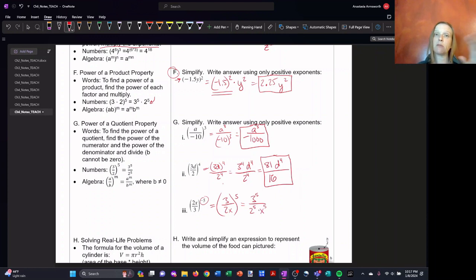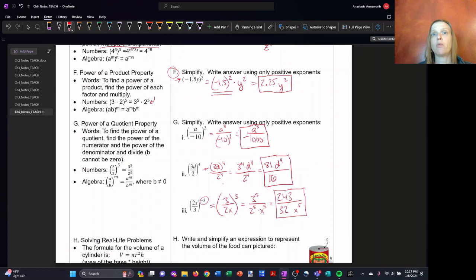Each of those components of the multiplication or division problem has that exponent of 5 attached to it. So 3 to the 5th power is 243, 2 to the 5th power is 32, and I've got x to the 5th. So this is the final answer here when I simplify that expression.